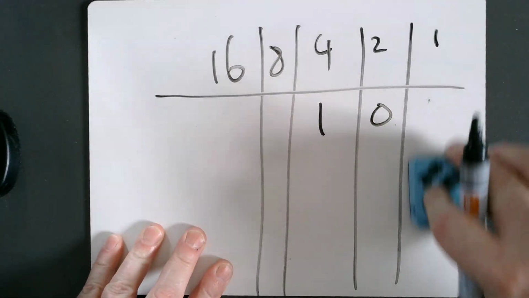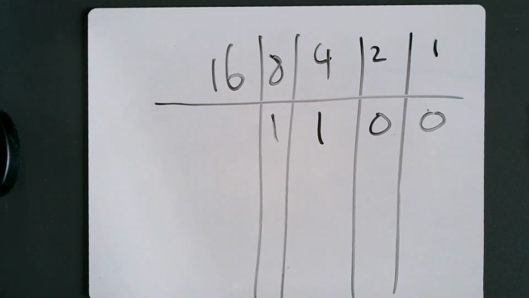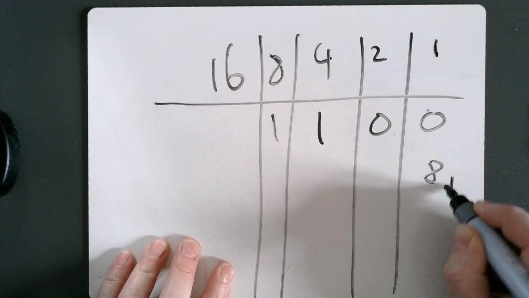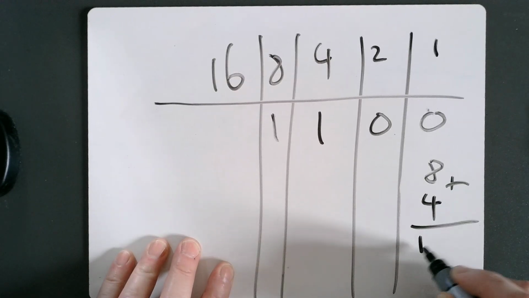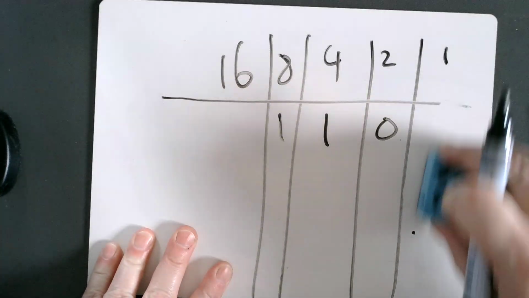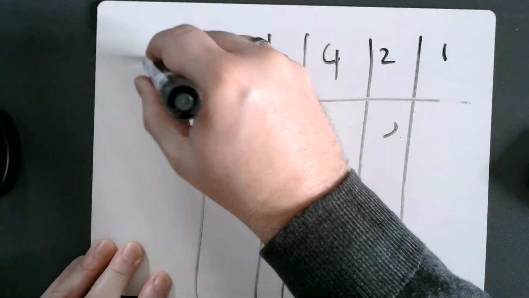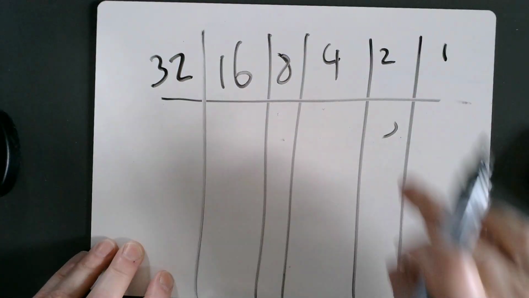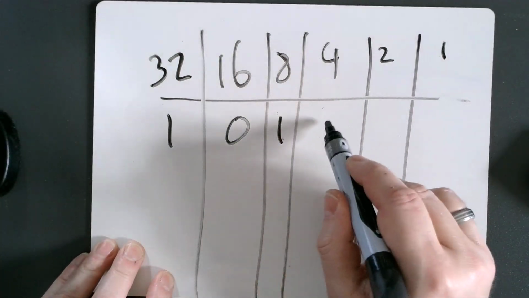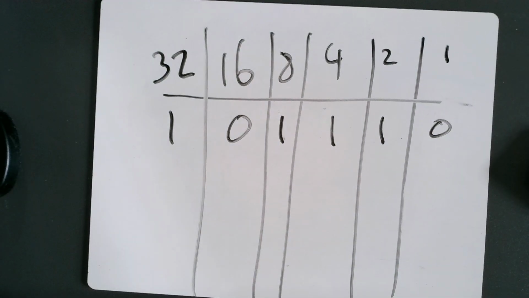If I was going to change it around a little bit more, so let's do this. Okay, so this number, we've got an 8, and we're going to add a 4 to that, which gives us 12. And so long as we can remember the place values, and if we decide to go bigger again on the numbers, any number that we do is just a simple case of adding together the place values.